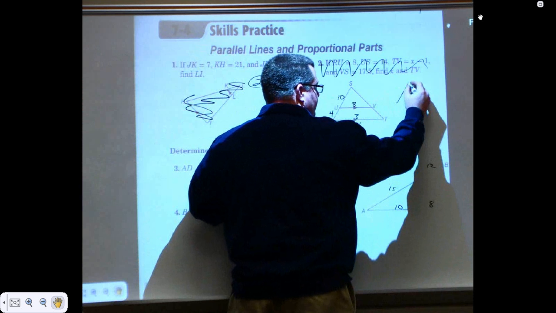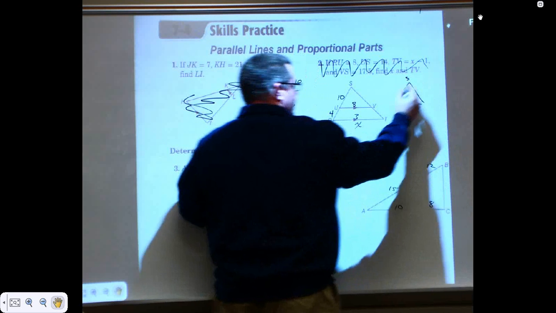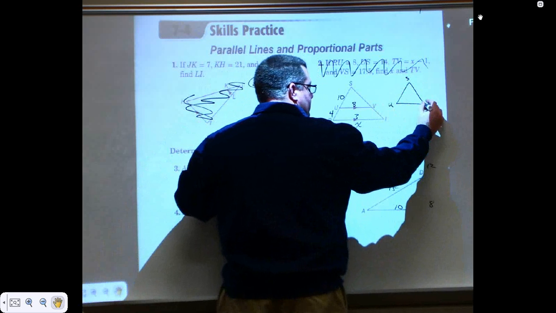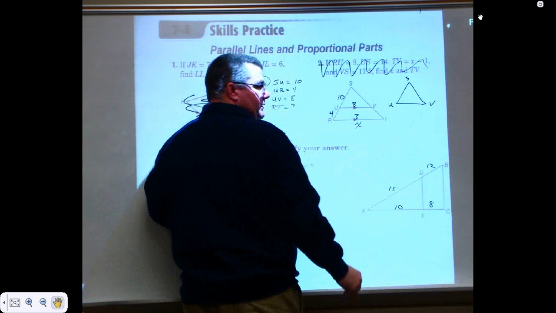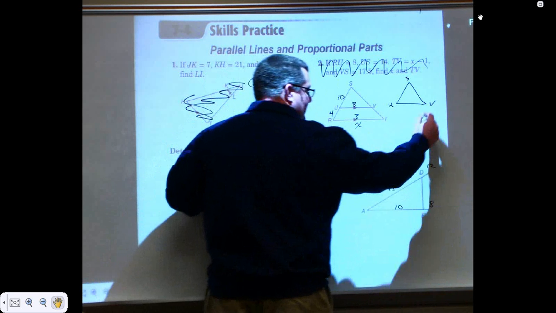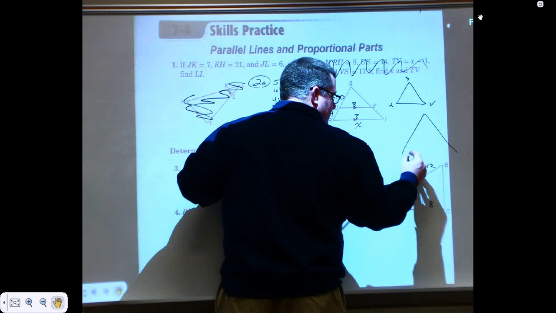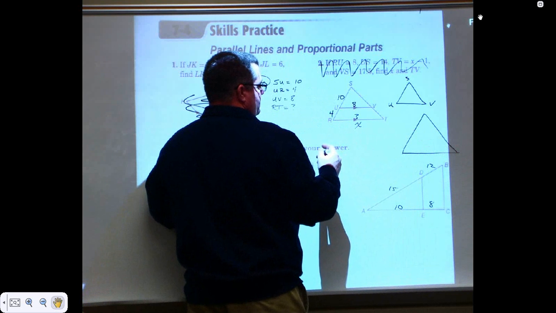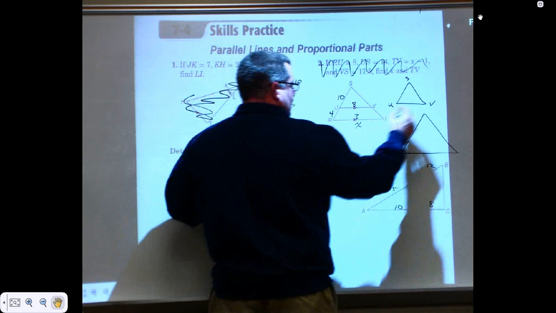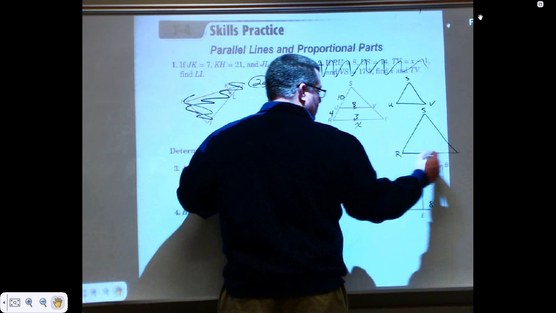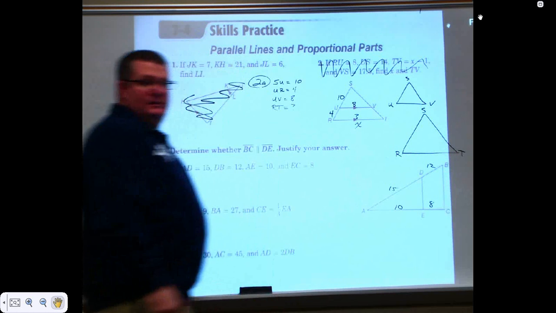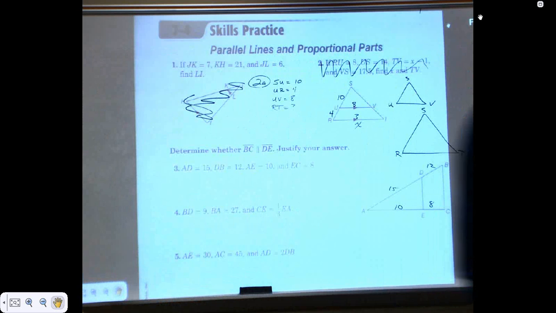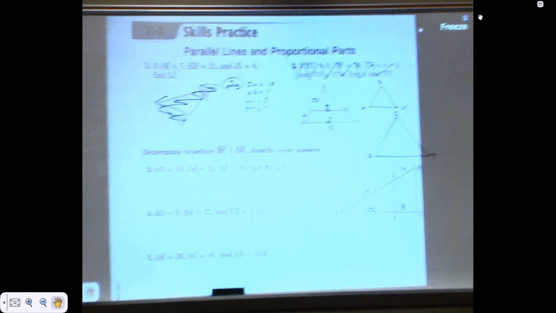And if I was to draw them separately, it'd be the smaller triangle, which would be S, then what would this be? U, and then what? Everybody with me there? And then the larger one would be what? S R T. But you can see it.